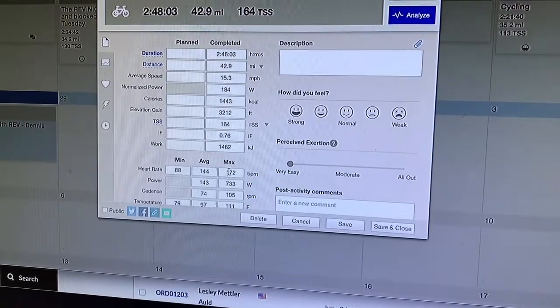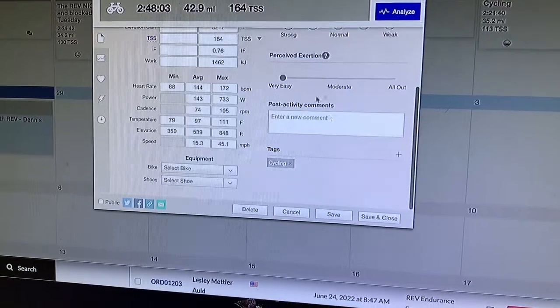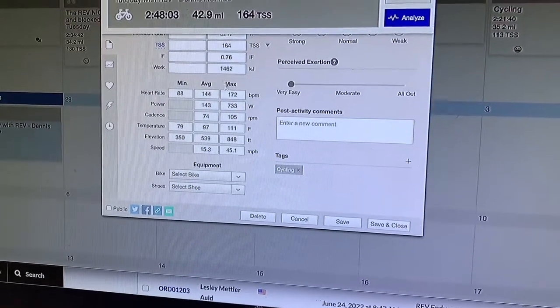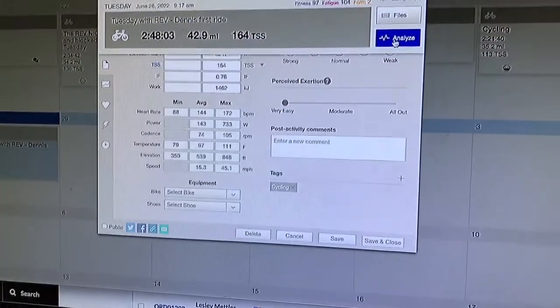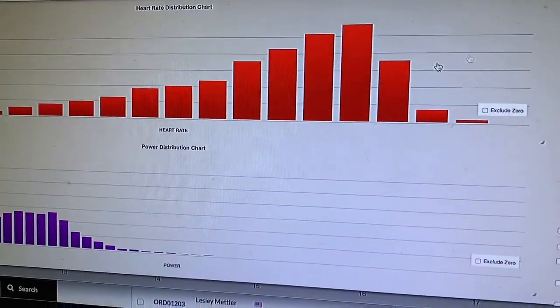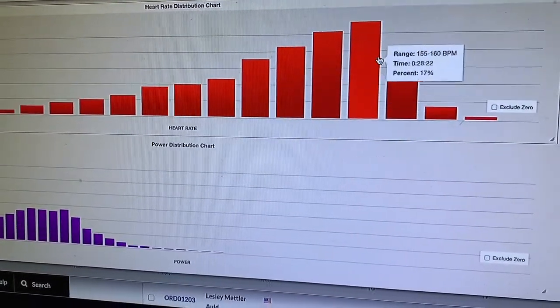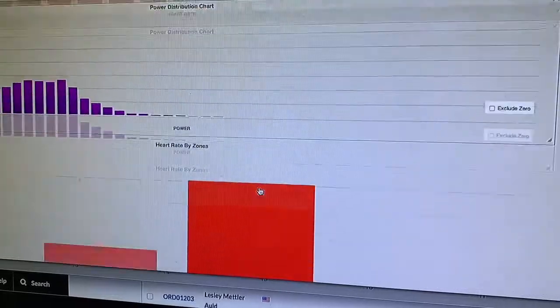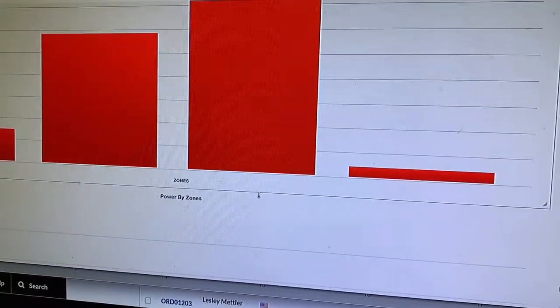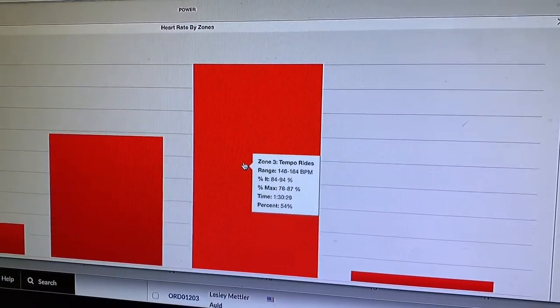And then there's some other data here. Now, we are going to skip all of this and we're going to analyze the file. All right, so here's all the heart rate stuff.